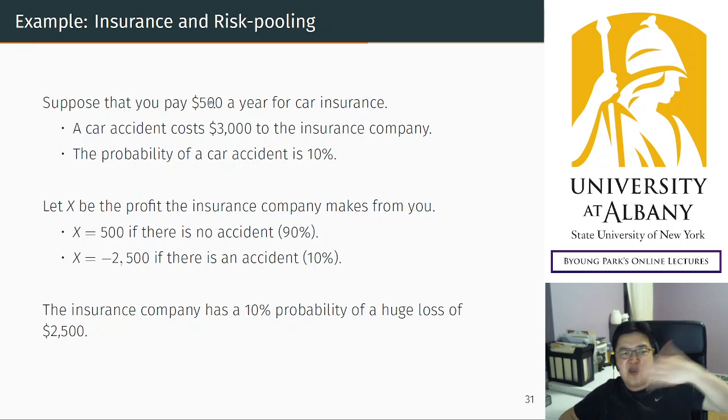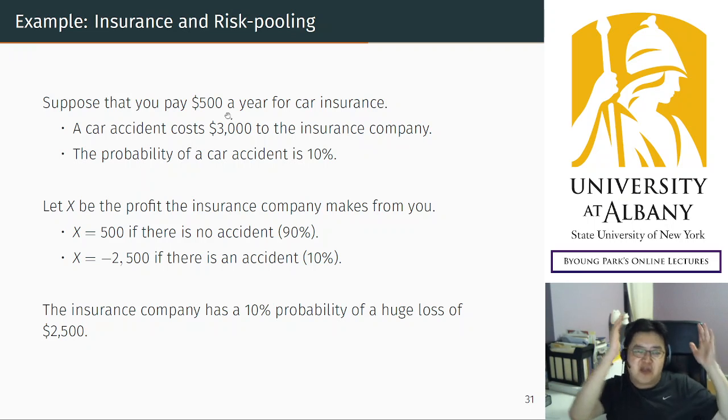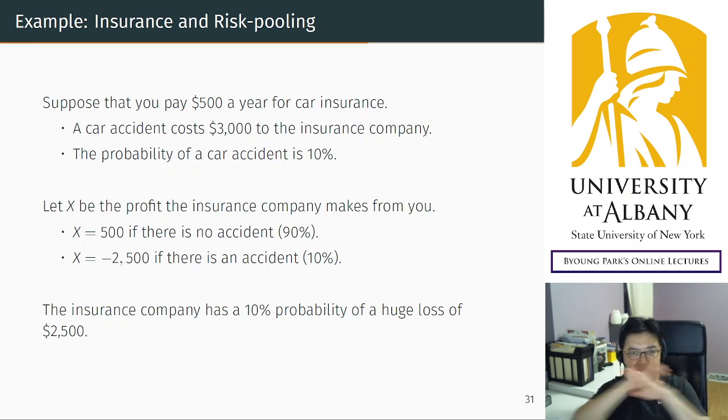Suppose you are paying $500 every year, say in January. And during that year, if you had a car accident, the insurance company pays you $3,000 once a year. Simply, if there is an accident, you get $3,000. If not, nothing.